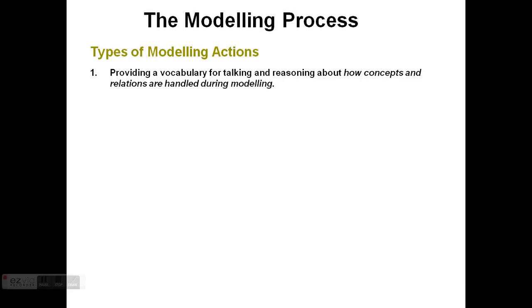There are a limited number of basic general types of modeling actions that can be distinguished with respect to the detailed actions we perform while modeling. These describe these types of modeling actions, thereby providing a vocabulary for talking and reasoning about how concepts and relations are handled during the modeling.